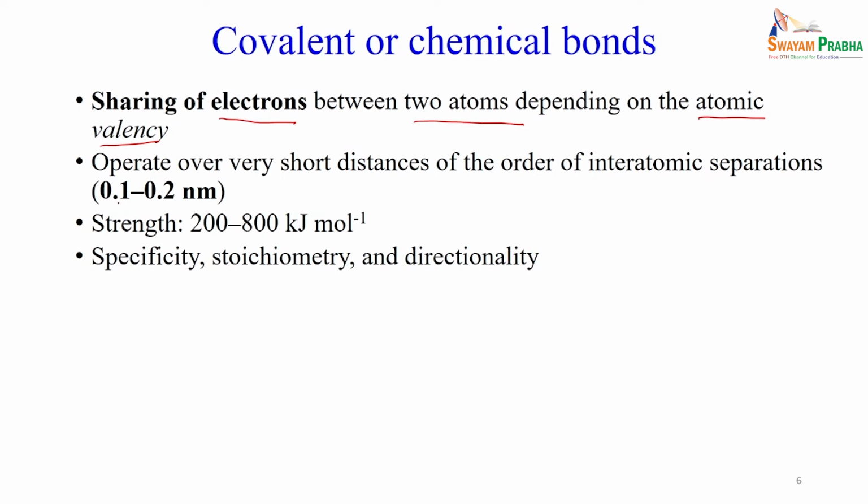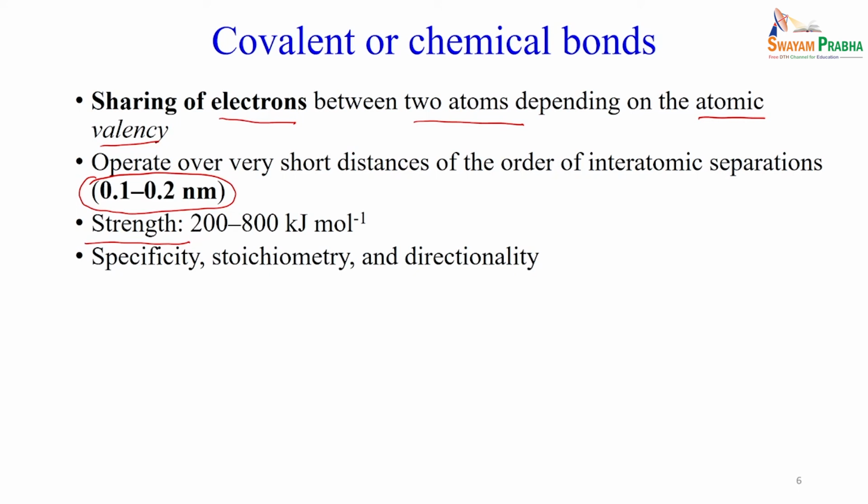This is a very short range force, the typical range being 0.1 to 0.2 nanometer. So, this range is in the order of atomic distance or subatomic level, but its strength or potential is very high. It is a very strong bond.